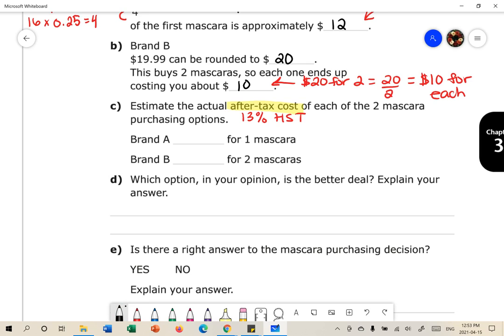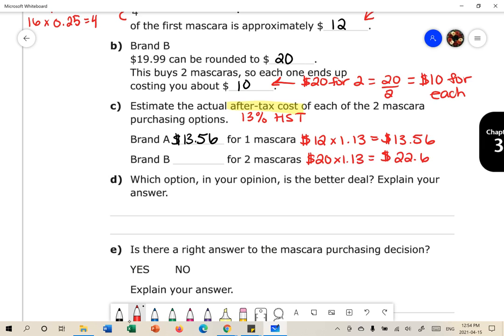So I'm going to multiply that by our tax, or HST, at 13%. So the mascara for brand A is approximately $13.56 after tax. And then brand B, it's $20 times 1.13. That is $22.60.